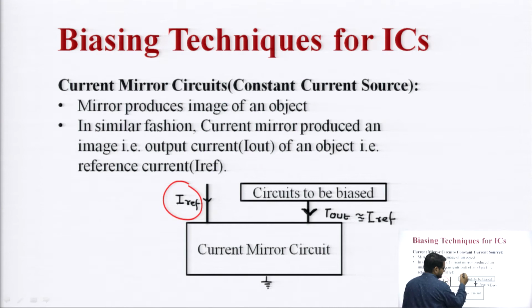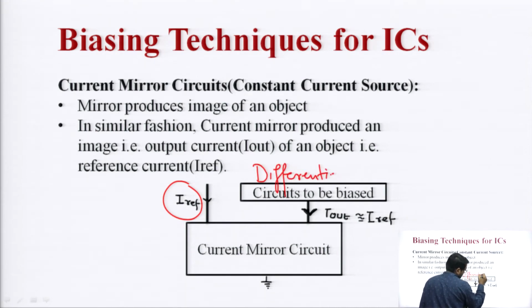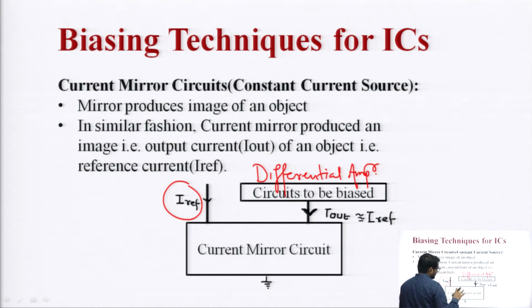So here we can use, for example, a differential amplifier, where RE will be replaced with this current mirror circuit. Current mirror says that I out, our object, is the reflection or mirror of the reference current, I reference.